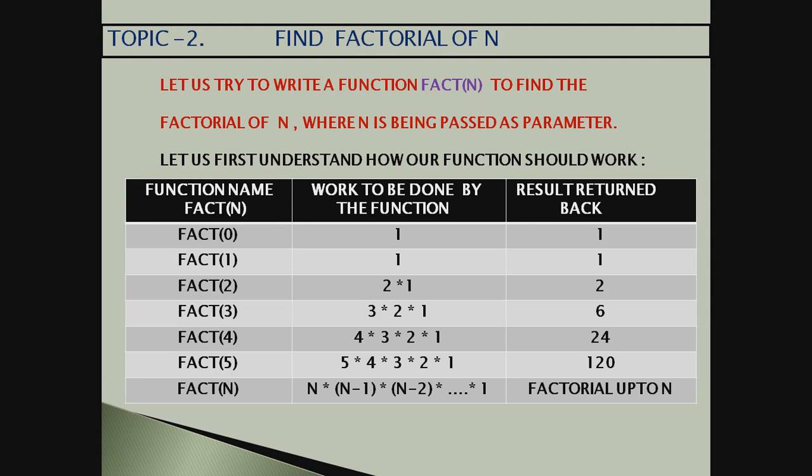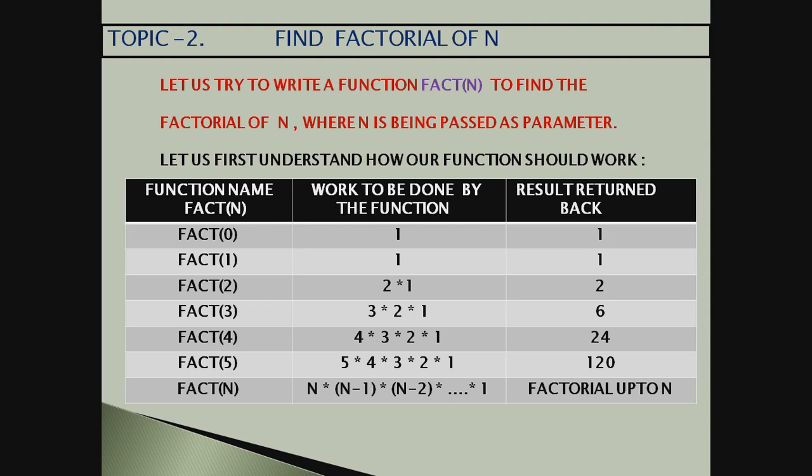Let us take the first case. See, in the first case, the fact function is being passed 0. Now we all know in mathematics that factorial of 0 is 1. So I have to write a function where whenever n gets 0, we should get back 1.